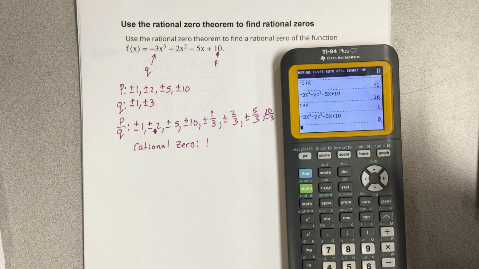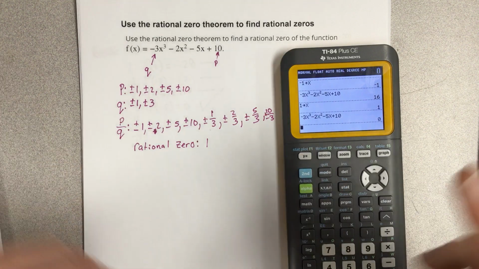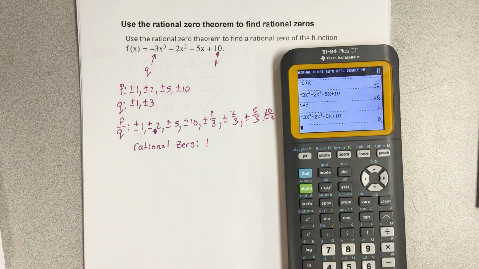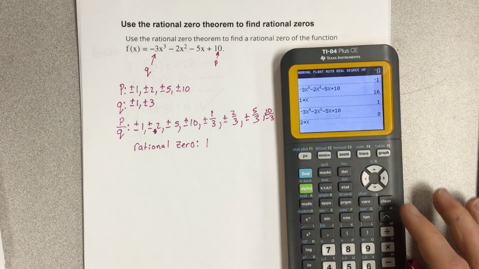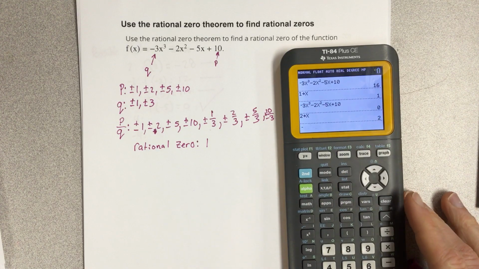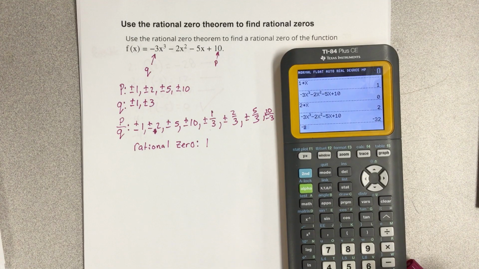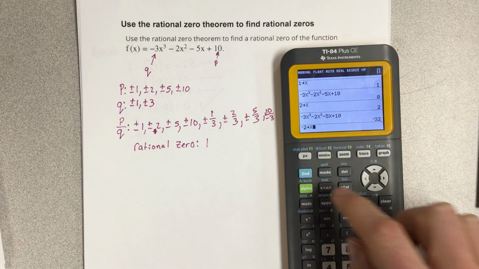And maybe it's a good idea to do that. So let's just go through and continue plugging them in, to make sure there's no other ones. We'll go 2, store it as x. Doesn't work. Negative 2, store as x.